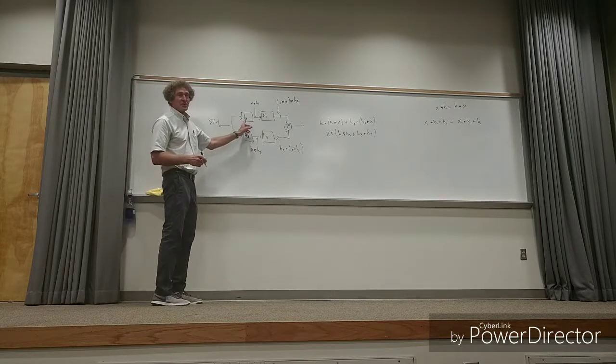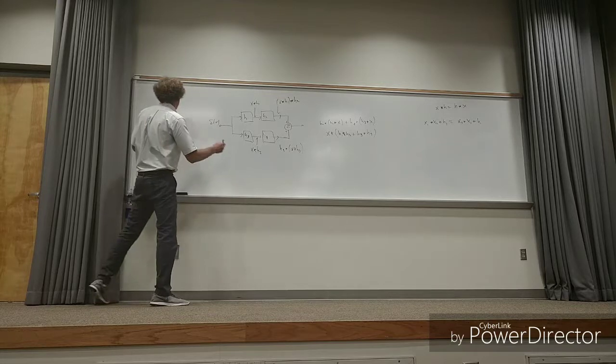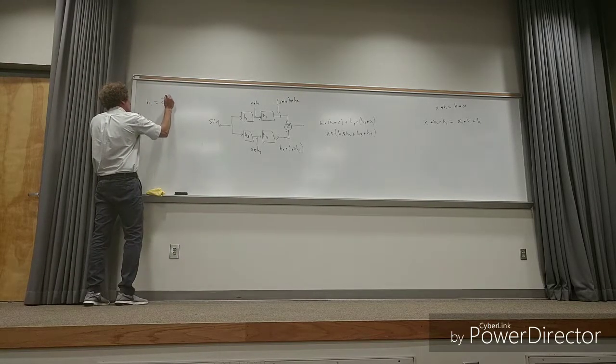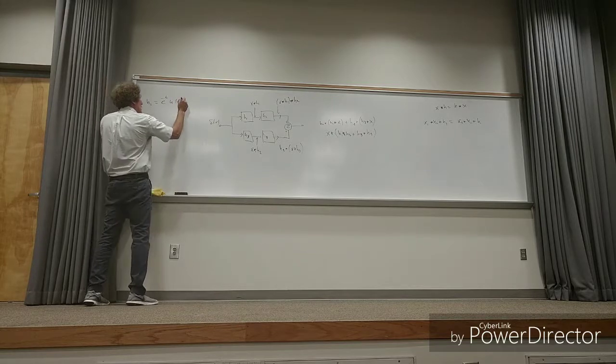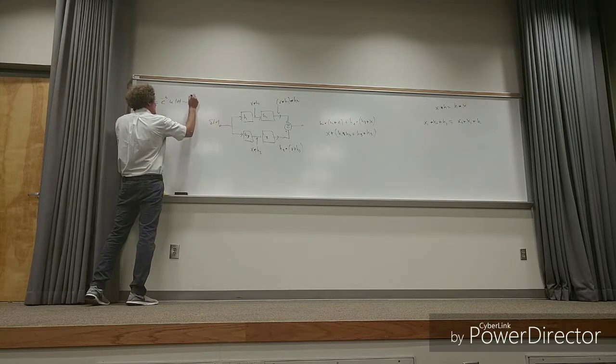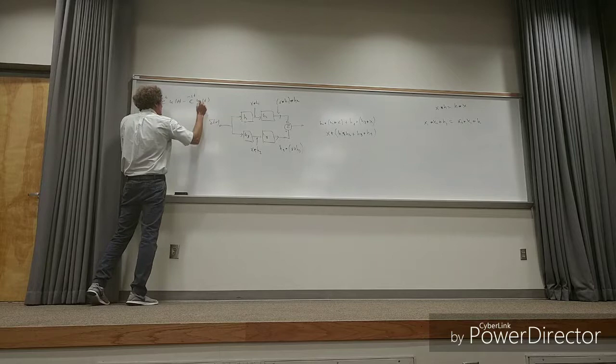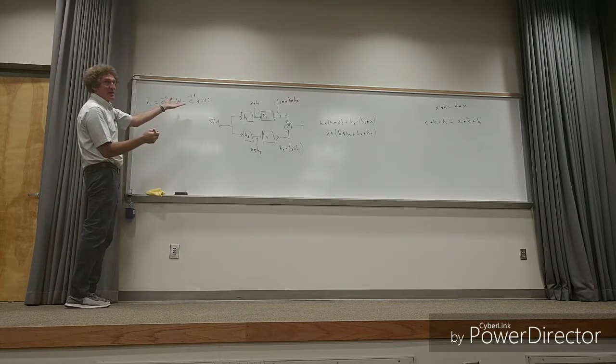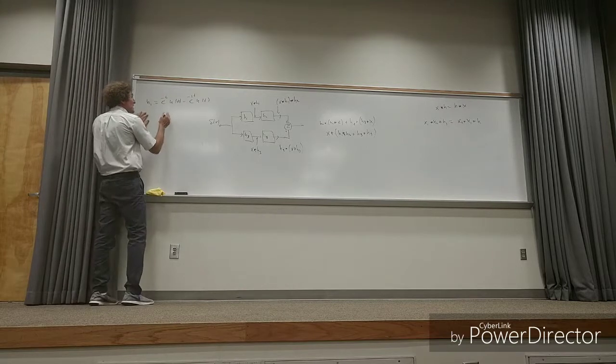Is it by a picture here or mathematically? It's listed in a formula. All right, what is h1? E to the negative t u of t minus e to the negative 2t u of t. Look at this functional form, this is an oddity.